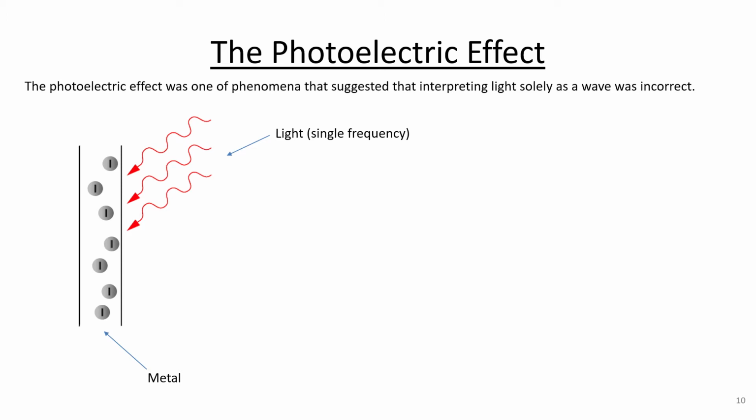For instance, in this case, where we have light at a single frequency, so say some red light at a particular wavelength and frequency, coming in, hitting a metal film, and metal has a lot of conducting electrons in it, so electrons that are bound to the metal but are free to move within it.